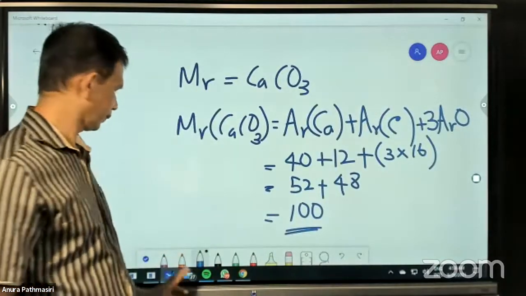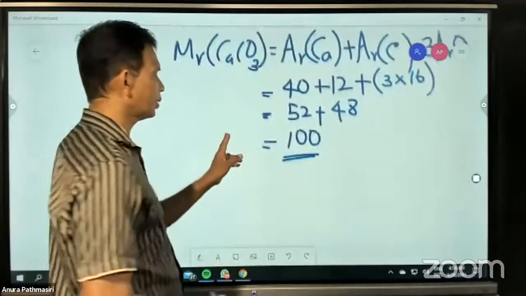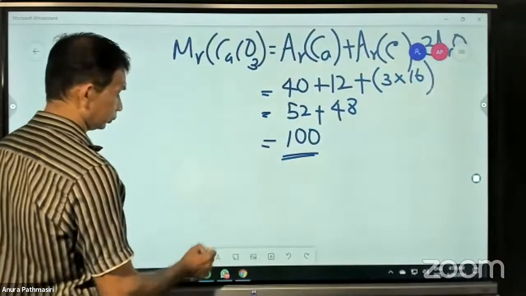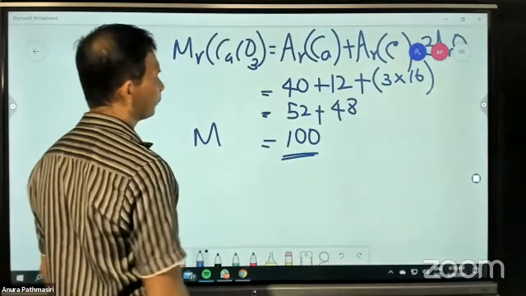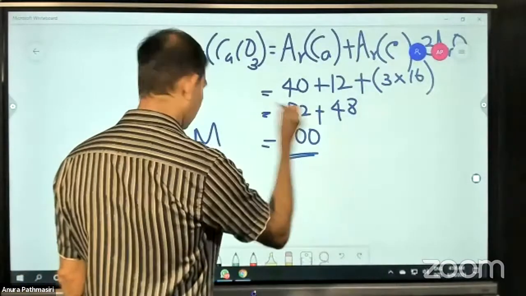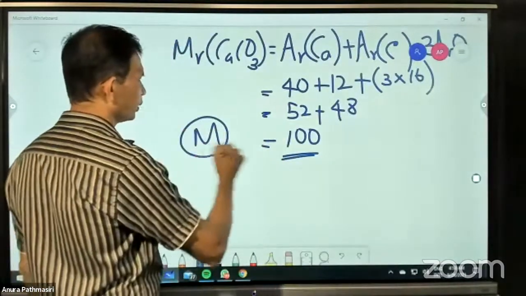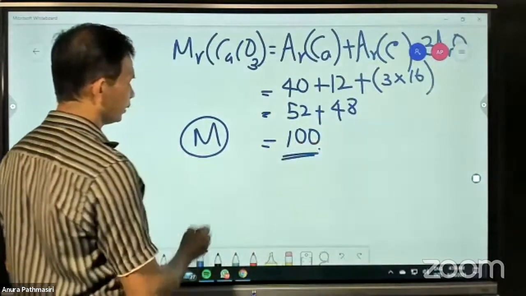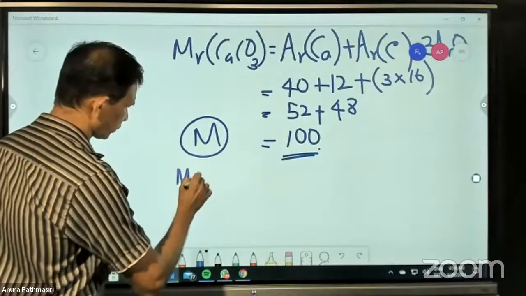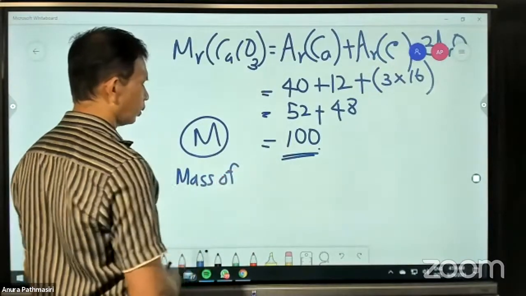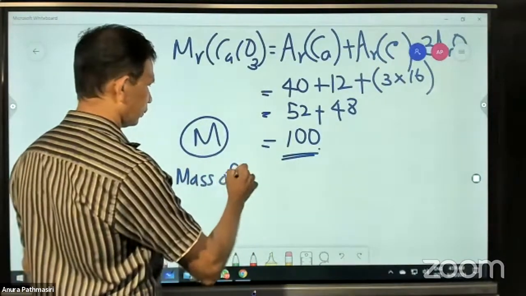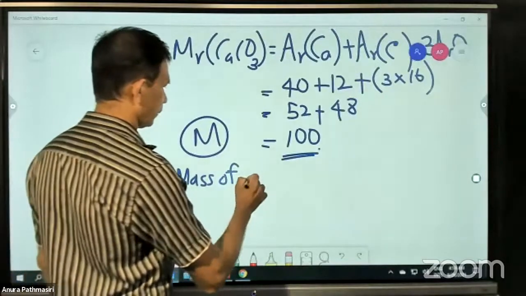And this is what I call M. I can make M from this one. M means the mass of what?